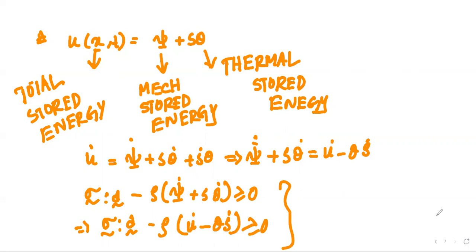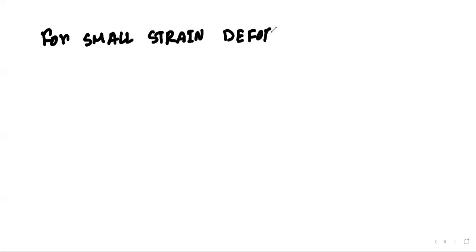For small strain deformation, D is the rate of strain tensor.